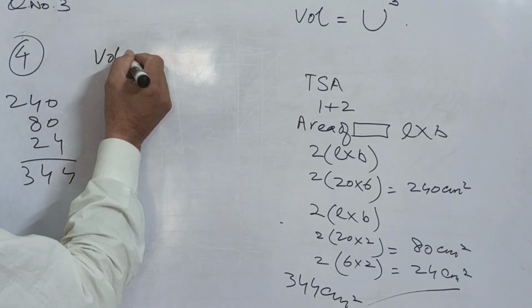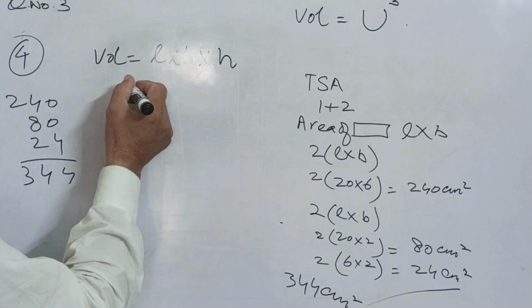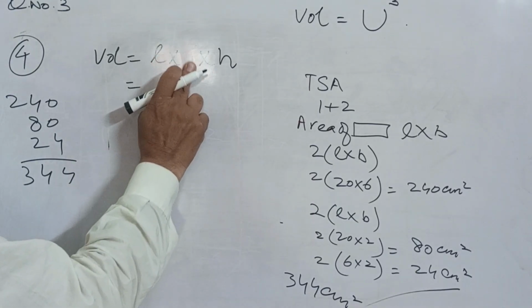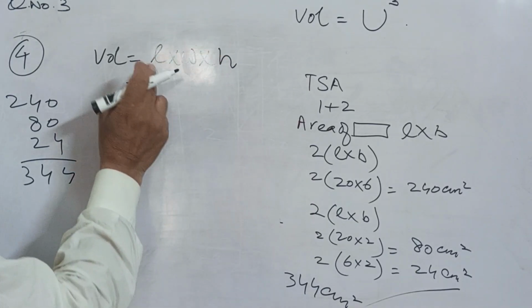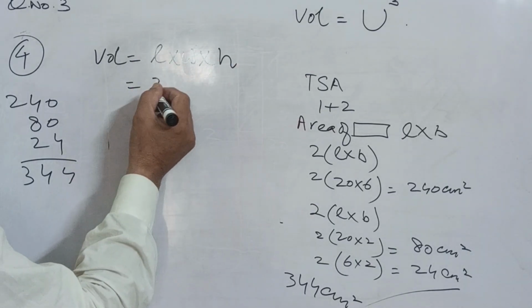For volume, we multiply length into breadth into height, or you can say width. You can always write L W H. So it is 20, 6 and 2 given to you.